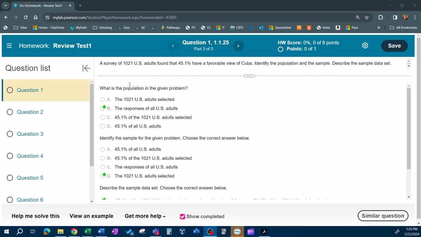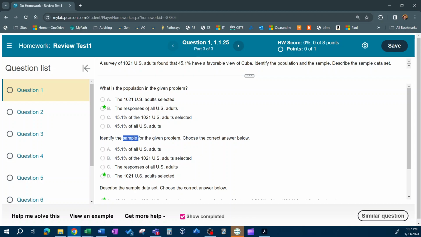So remember that the population is the entire group of people that you're interested in, or the entire data set, okay? So the fact that it's a survey, that limits the amount of people that is in the sample. So the 1,021 adults are going to be the sample, okay?